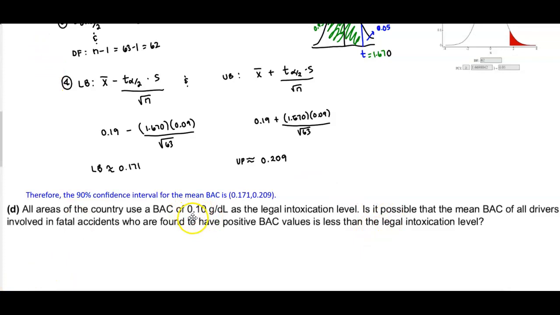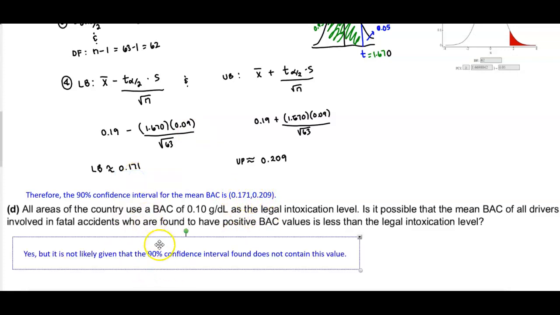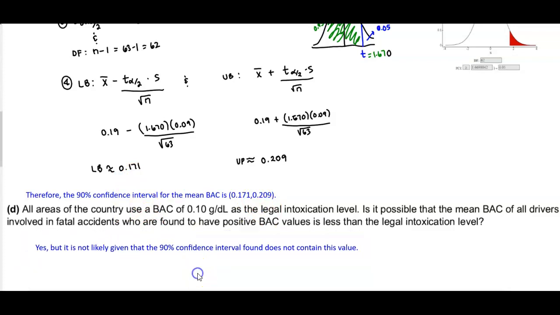Okay, now before we answer this in sentence form, does 0.10 fall within this particular confidence interval? Well, it doesn't. But is it possible? Yes. So we would answer this by saying, yes, it's possible. However, it is not likely given that the 90% confidence interval found does not contain that value, because 0.10 does not fall within that interval.